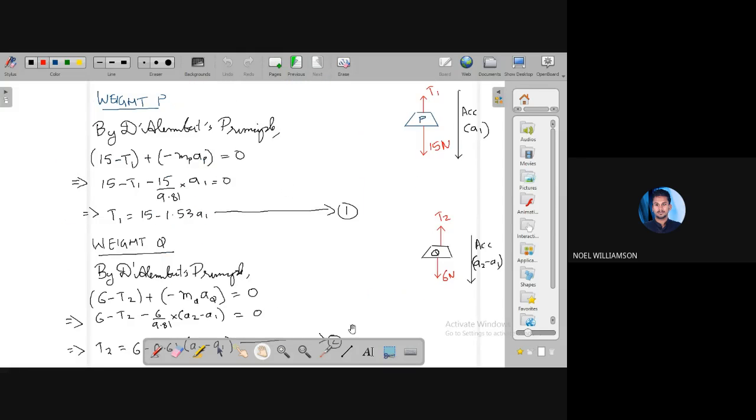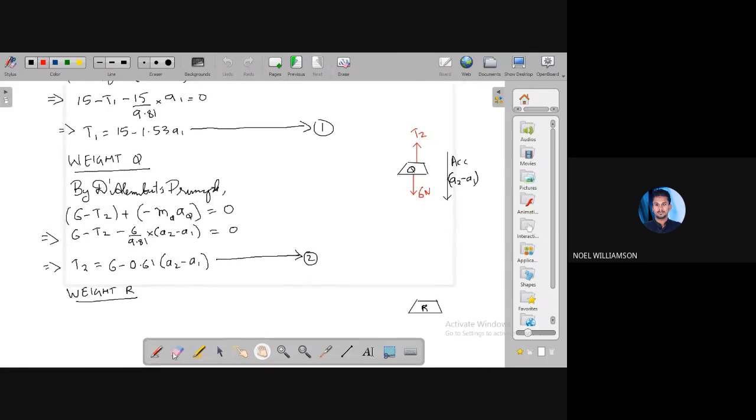So first of all, the forces acting are the tension T2, and now the weight of 4 Newton.